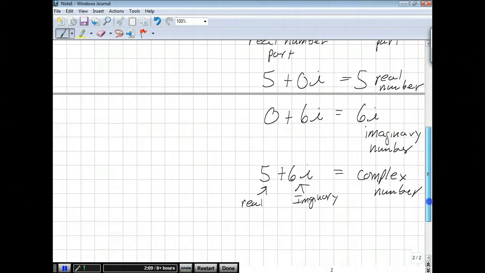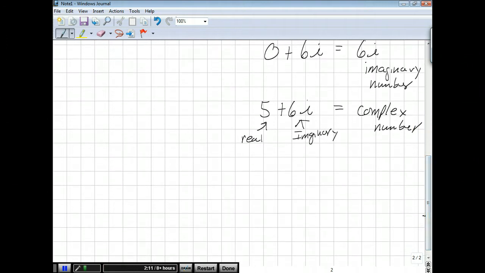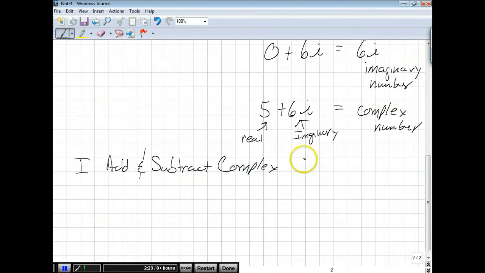So in order to add and subtract complex numbers, all we do is combine the real parts together and we combine the imaginary parts together.